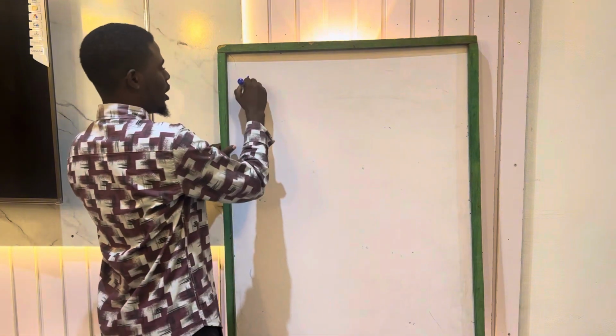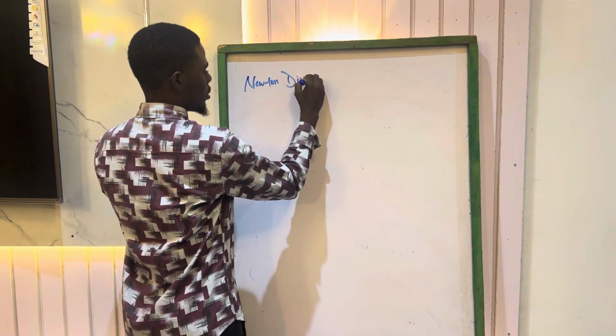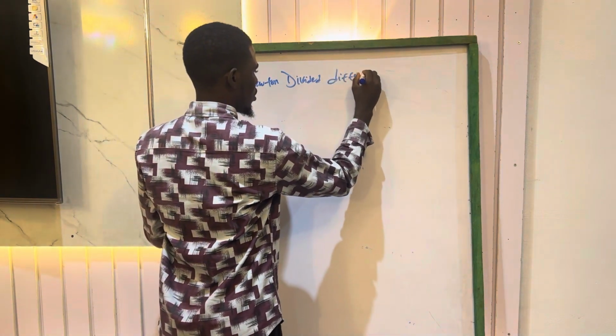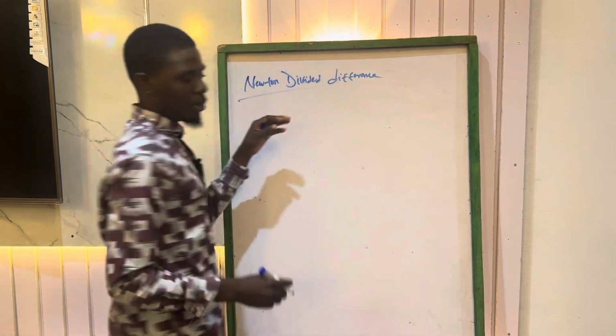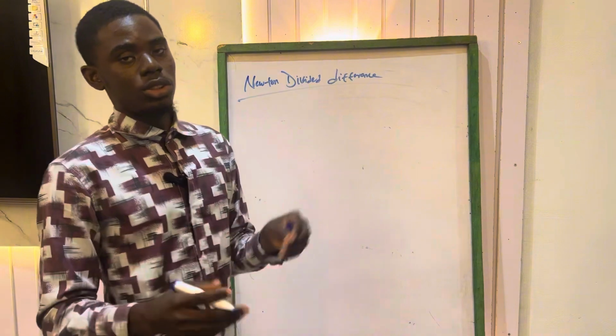All right, so talking about the Newton divided difference method. In this method, we assume an equation for the polynomial representation of the curve.